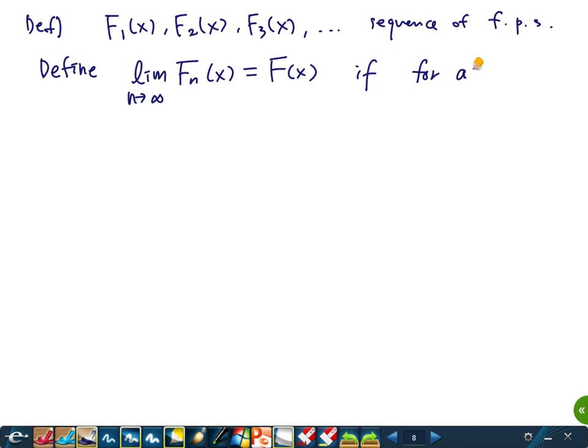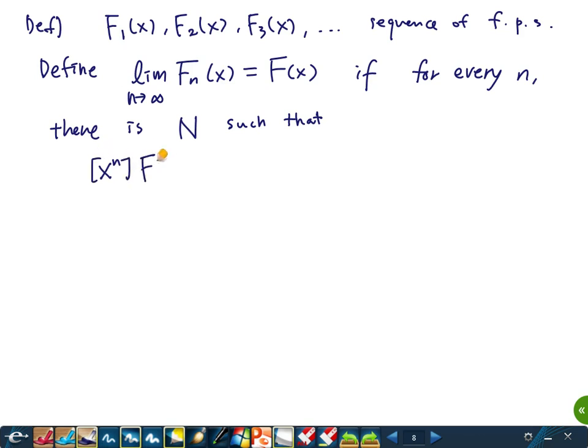For every n, there is a capital N such that the coefficient of x to the n of f(x) is equal to the coefficient of x to the n of f_i(x) for all i greater than capital N. So if you remember the definition of the limit in calculus using epsilon-delta argument, this is an analog of that.